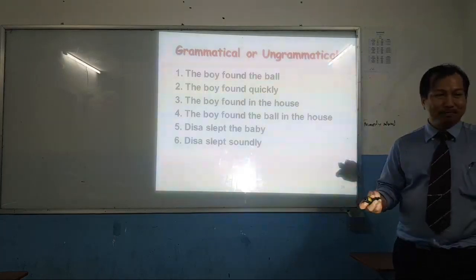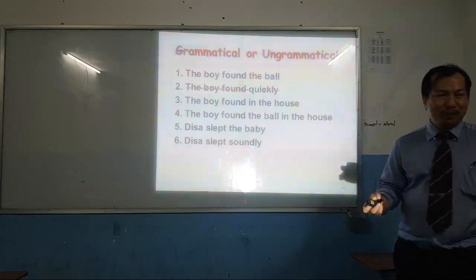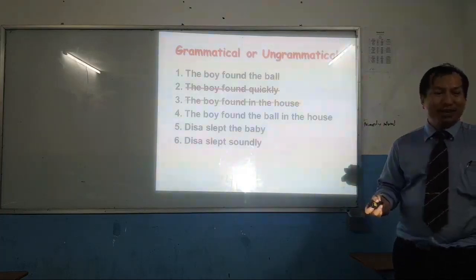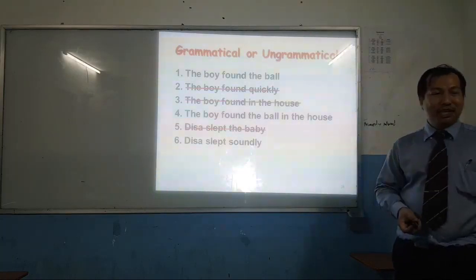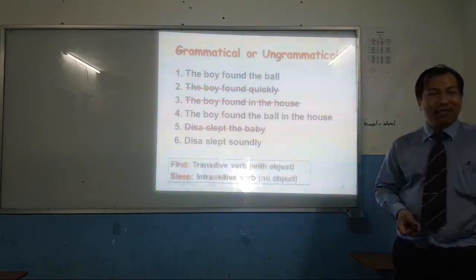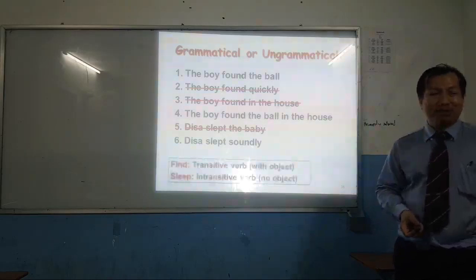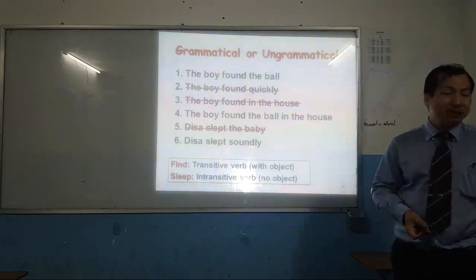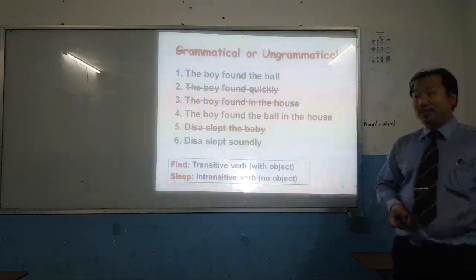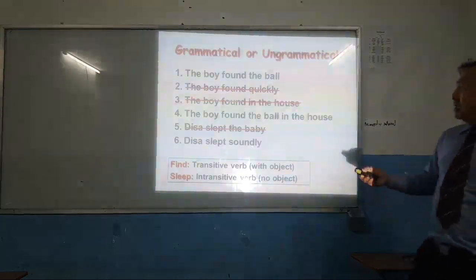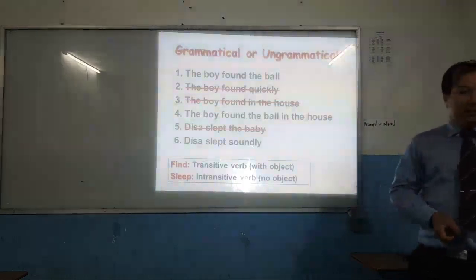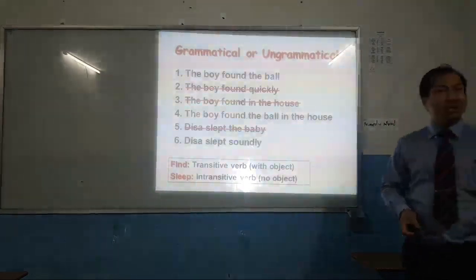Number two, number three, number five. Okay, well done. Find the verb that needs an object, and it is missing the object. That's why among the three it becomes the ill-formed or ungrammatical sentence.